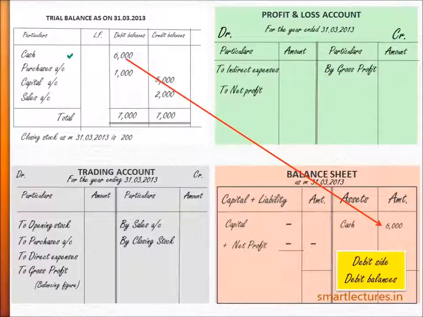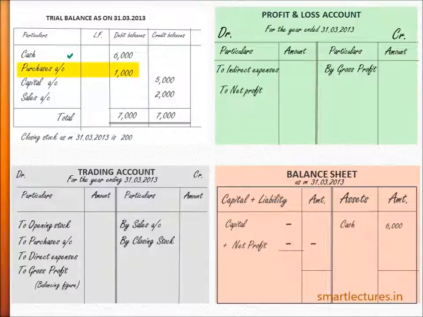Basically, all assets carry debit balances. Assets side is basically the list of the debit balances. So I can call it debit side. So cash will be taken to the balance sheet, debit side. Now purchases. Purchases on debit side, it will go to the debit side of trading account. So to purchases, 1,000 in trading account.